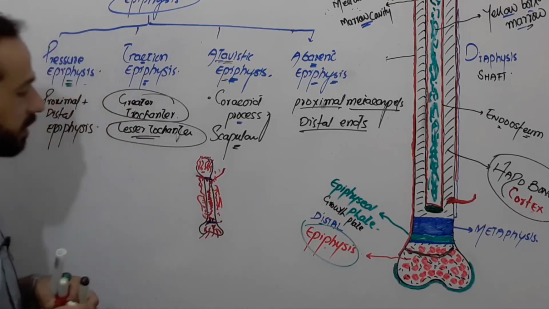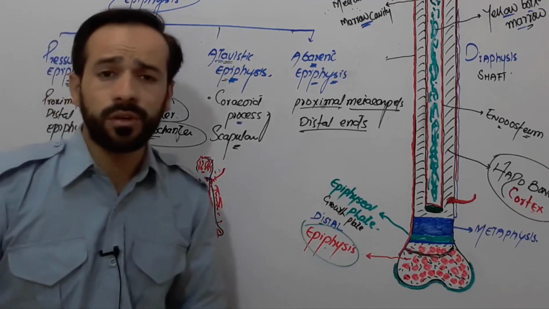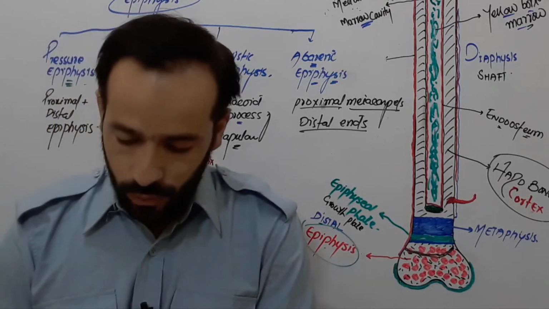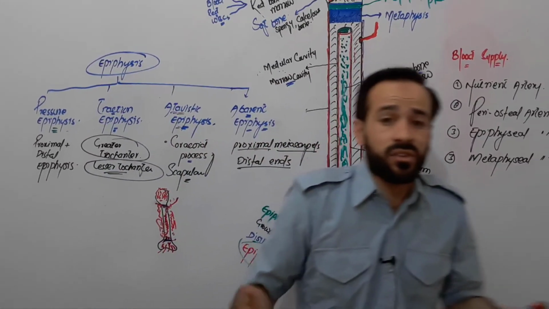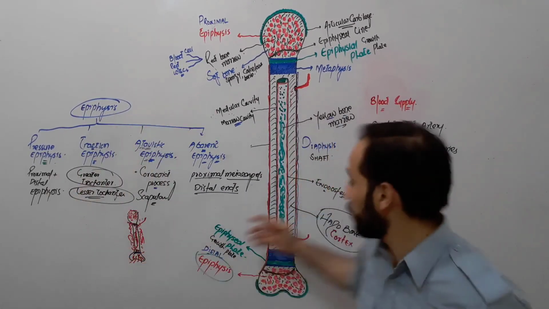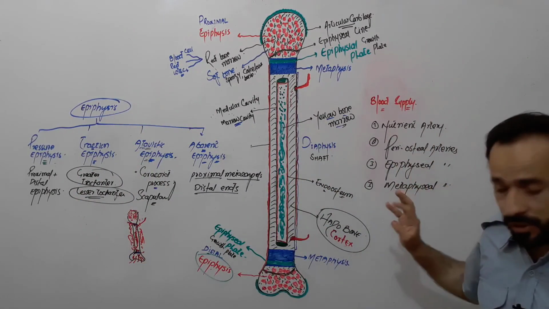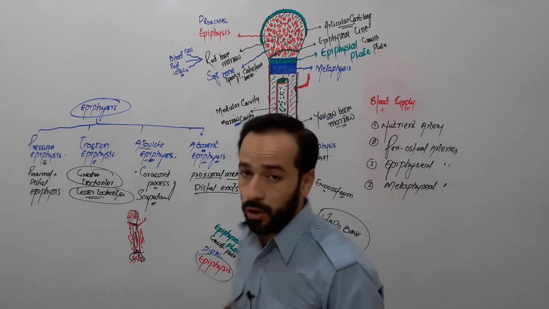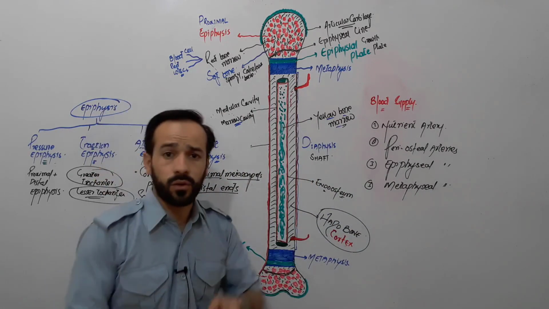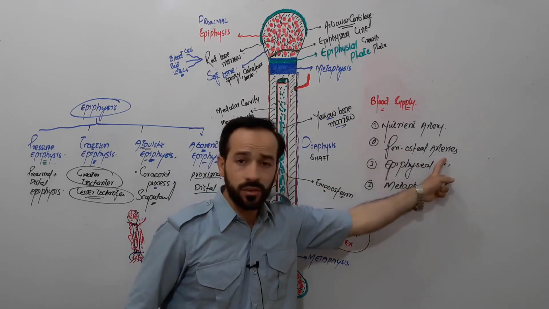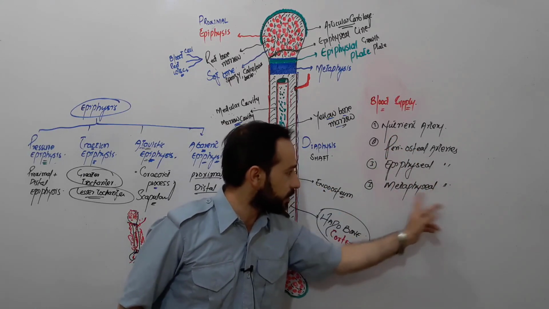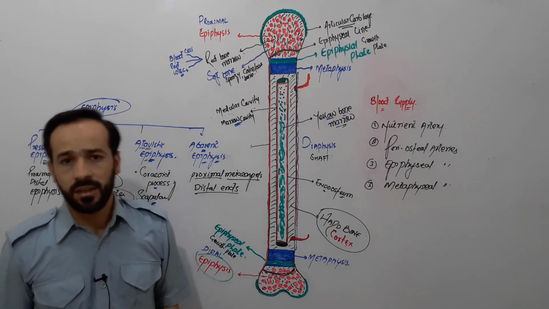So these are called the metaphyseal arteries. So your long bones can receive their blood from these. I will not say that all long bones will contain these four groups of arteries, but those typical long bones, or the largest long bones, will have the nutrient artery, the periosteal arteries, the epiphyseal arteries, and the metaphyseal arteries.